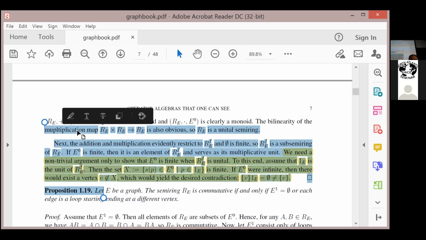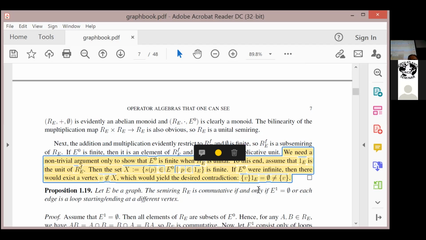Because V is not a beginning of any path in 1E. So whatever concatenation with this vertex of any path in 1E you try to do, we will not concatenate. So the set will be empty. But the empty set is not the same as the set containing one element, V, which it should be if 1E is the unit. So we have a contradiction here.